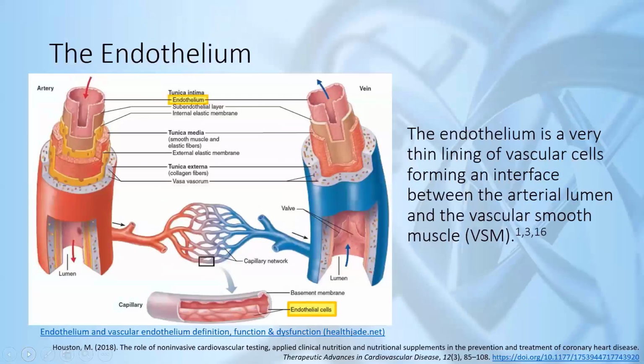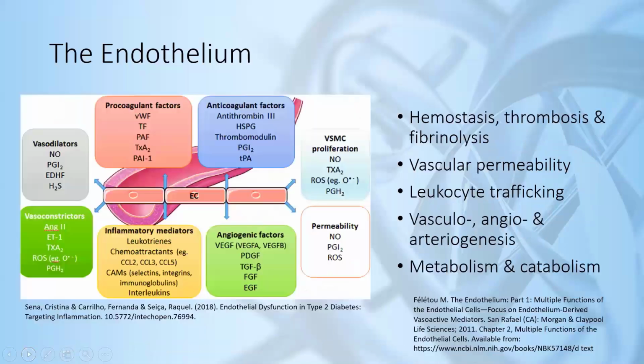So the endothelium is this very thin lining of cells that forms the interface between the lumen of the blood vessels and the vascular smooth muscle. And these endothelial cells are involved in many different tasks, including the regulation of the equilibrium between hemostasis, thrombosis, and fibrinolysis. These endothelial cells also form the semi-permeable barrier between the blood and the surrounding tissues.